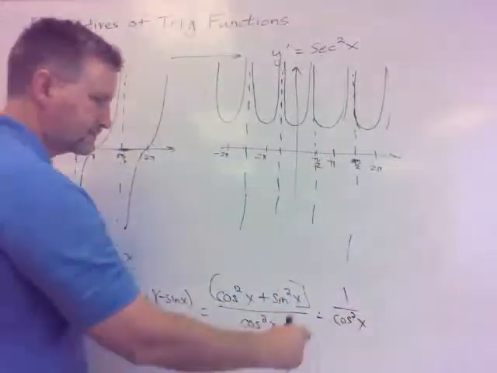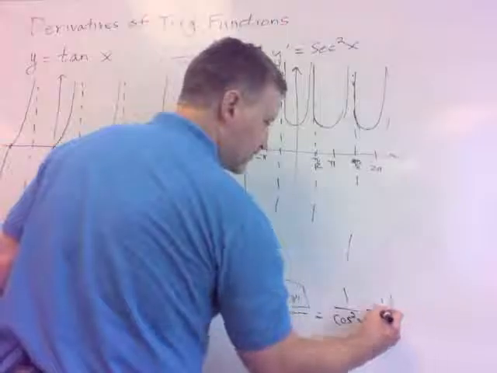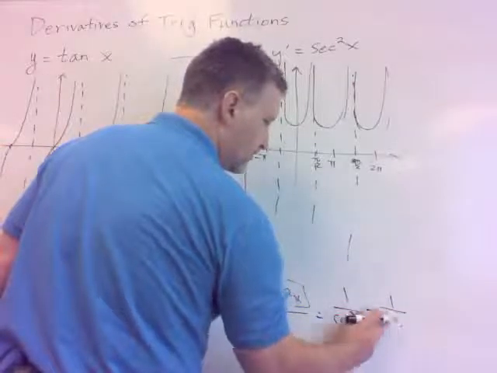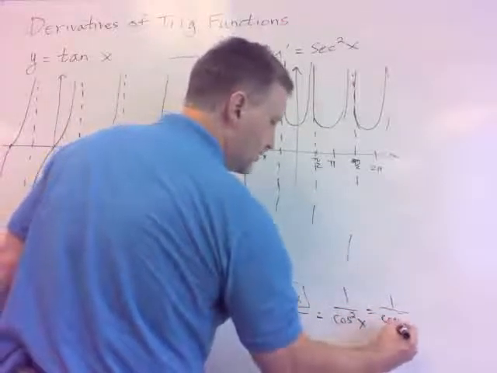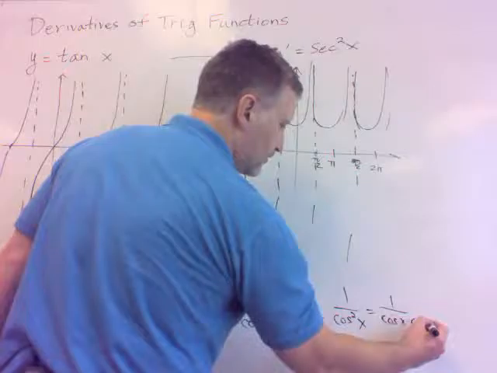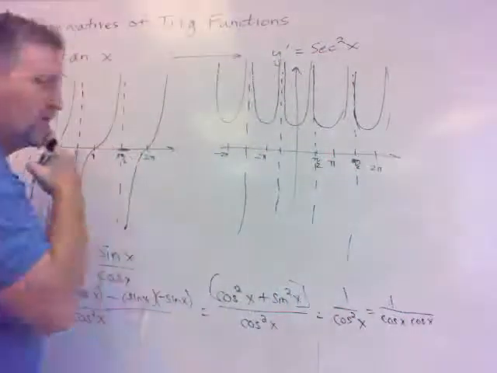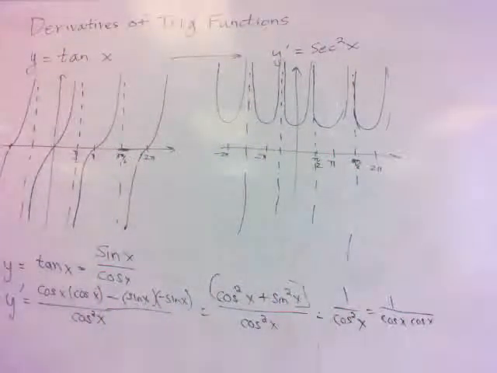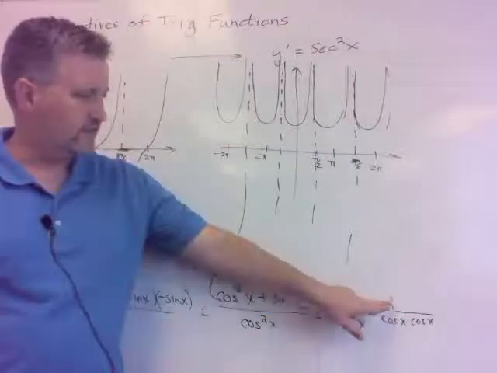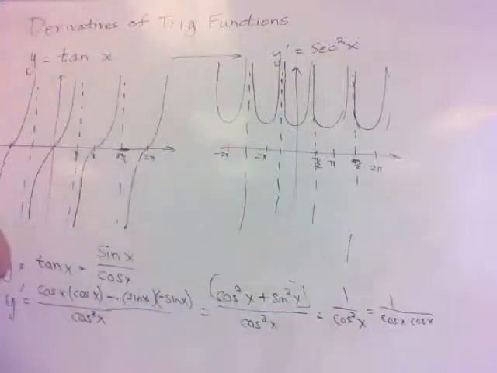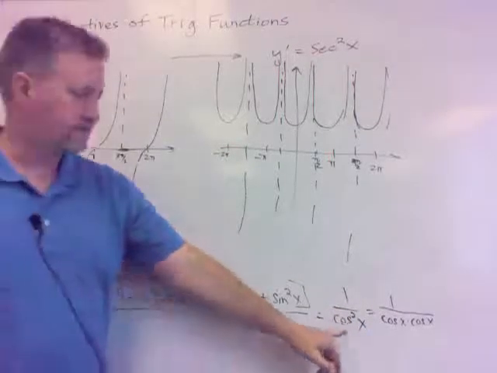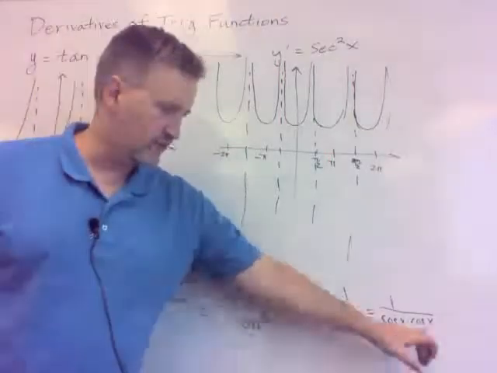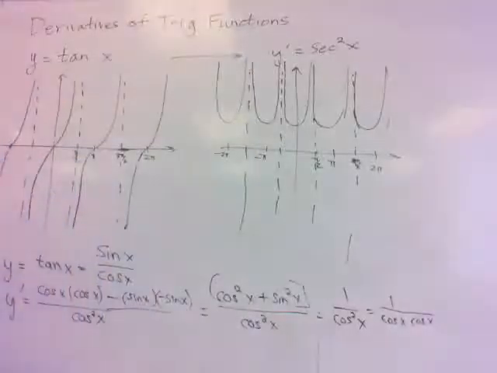And here's the other thing. The other trig identity of note here is, what is 1 over cosine equal to? I split up cosine squared x, which means cosine of x times cosine of x. What is 1 over cosine equivalent to, trig identity?